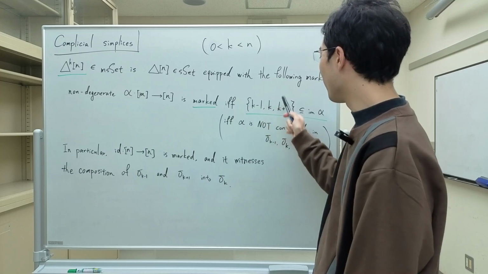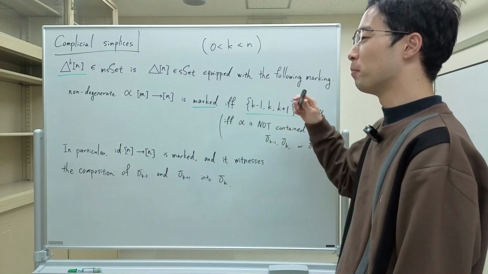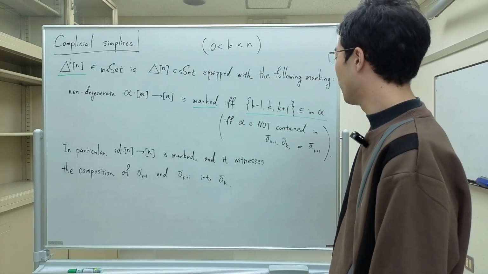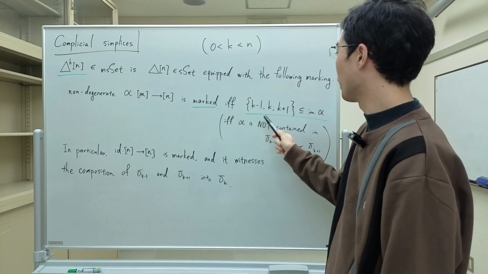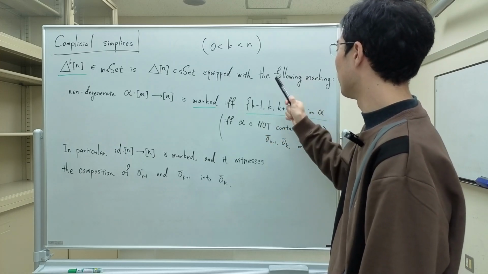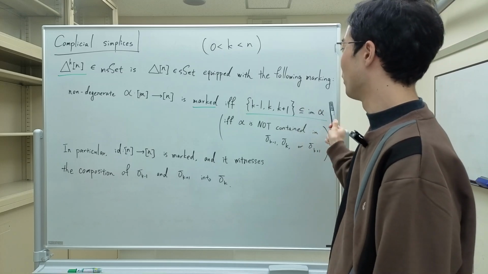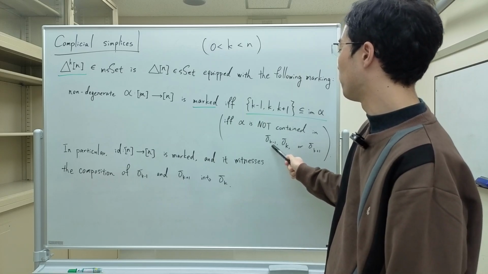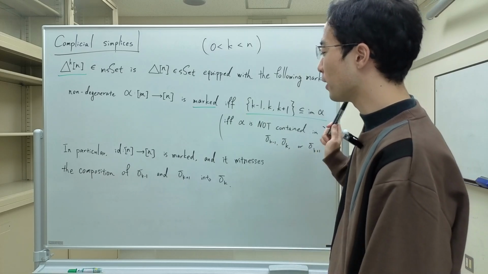So containing k is equivalent to being not contained in the kth face. And containing k minus 1 and k plus 1 also means being not contained in the k minus first or k plus first face.